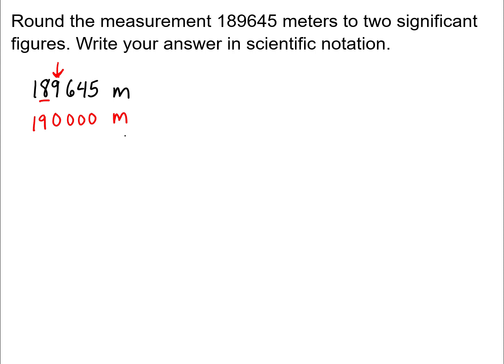Now we have to take this and write it in scientific notation. We need a coefficient that is at least 1 and less than 10. So you write out your significant figures. We've got 2 of them, and you make your coefficient.